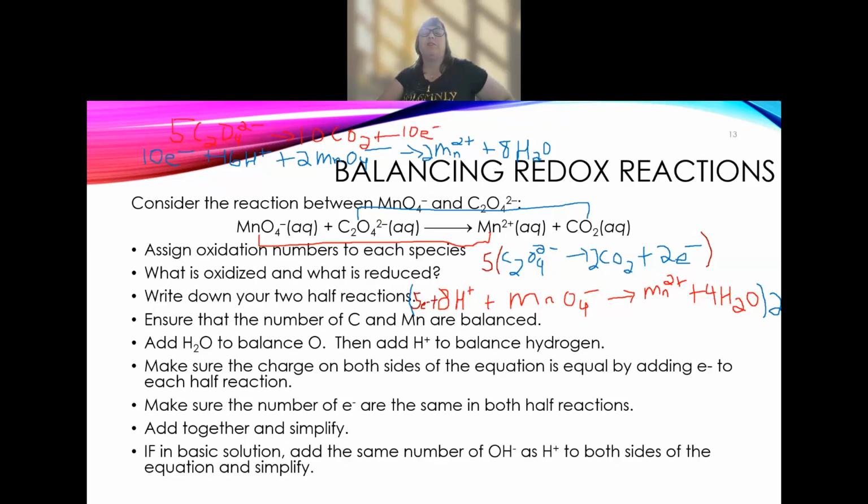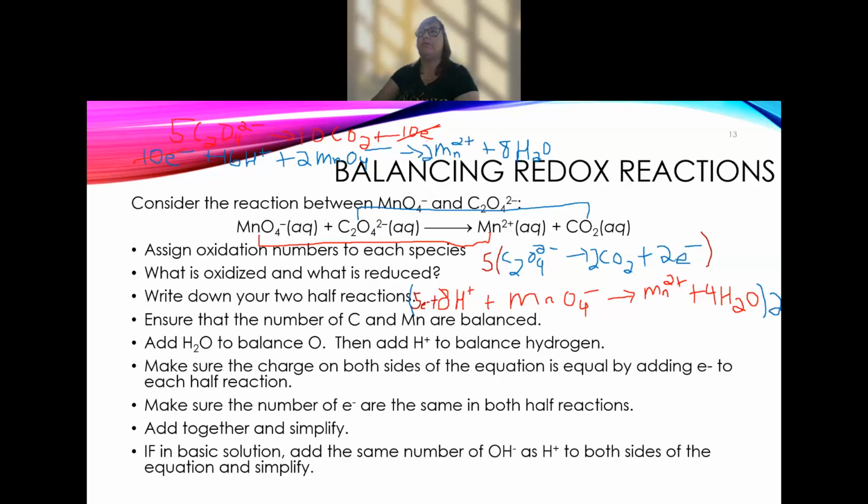The next thing we're supposed to do is simplify and add. Well, okay, if I'm going to simplify, I have 10 electrons there, and I have 10 electrons there. So when I do this addition, I'm looking for anything that's common. Now, those electrons have to disappear. If they don't disappear, I have screwed this up and I need to start figuring out where. As long as they disappear, everything else gets cleaned from there.